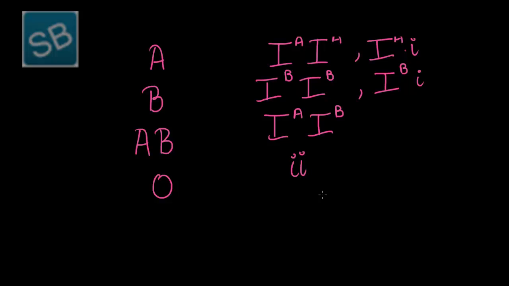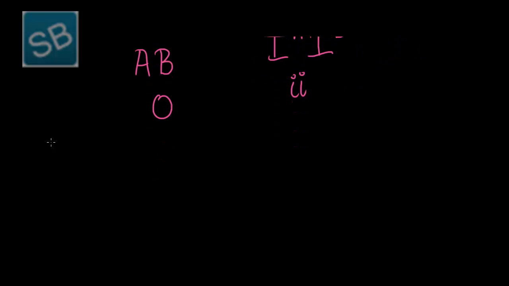Therefore, if the blood group of the parents is known, then the probable blood group in their children can also be known on the basis of the presence of these genotypes. Conversely, if the blood group of the child is known, then the blood group of its parents can also be known. This description of blood group was first proposed by the scientist Landsteiner.